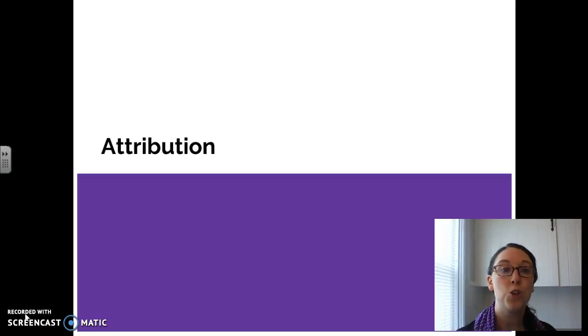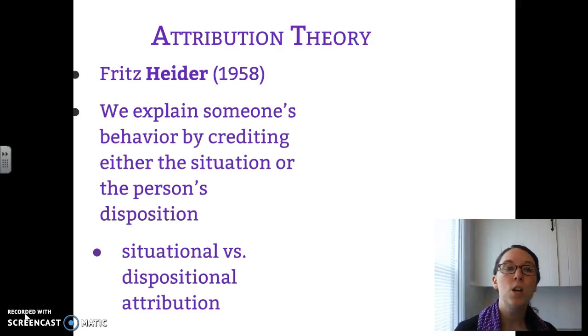When we talk about attributing your sources correctly when you write a paper, it just means to identify where information comes from. So attribution theory, as it applies to people and especially how we think about other people, was studied in depth by Fritz Heider in the 50s.